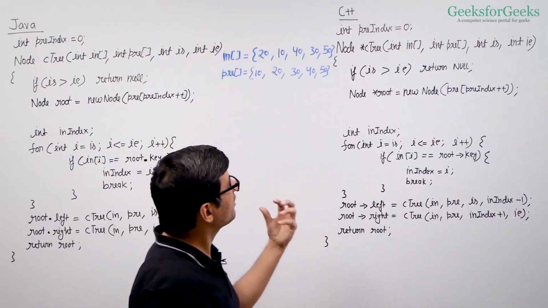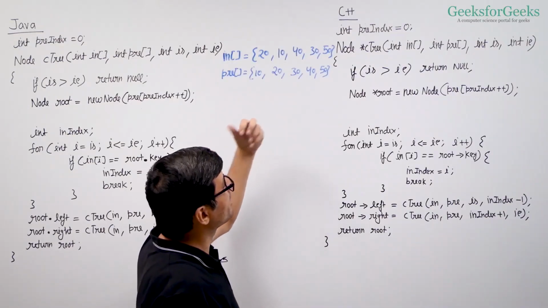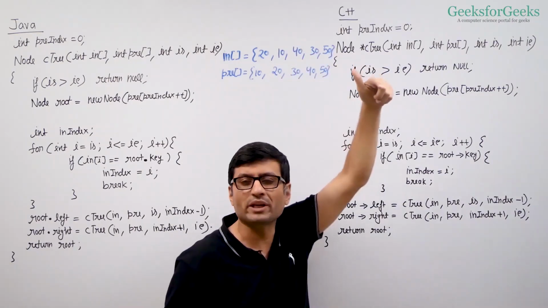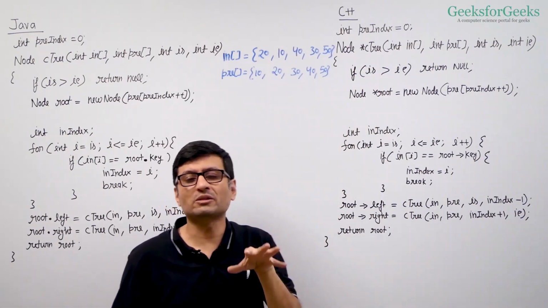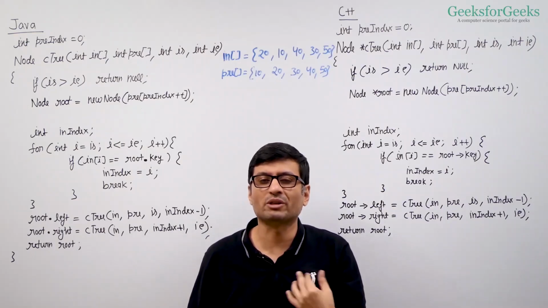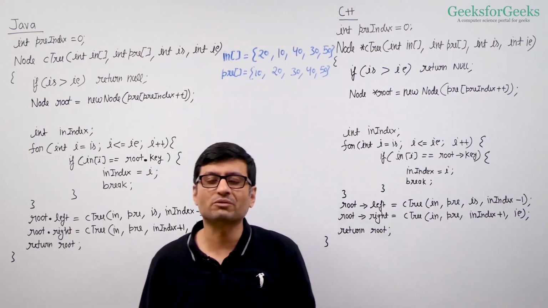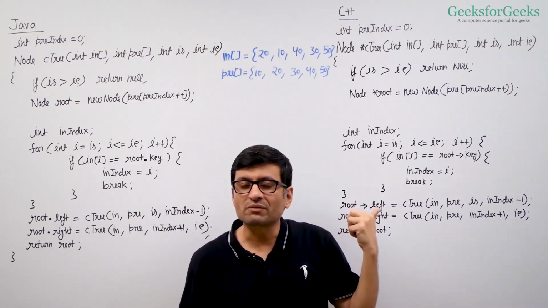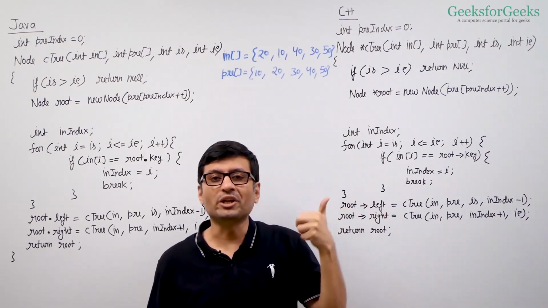So what are we doing here? We take the next item from the pre-order traversal. We have a pre-index variable which tells us what is the next item to be picked from the pre-order traversal, and this pre-index variable has to be shared among all the functions so that the recursive calls can also update the same variable. So we take the next item from the pre-order traversal and then we increment the pre-index.